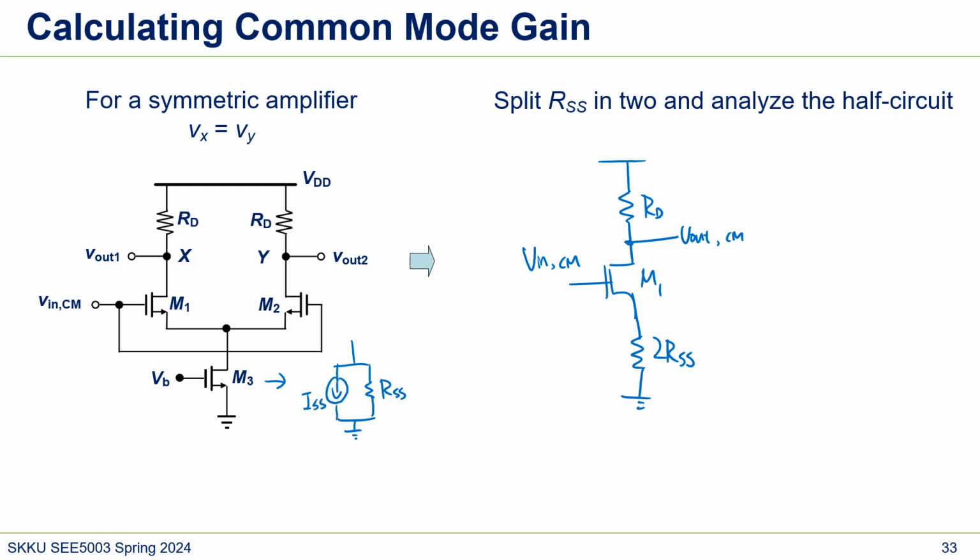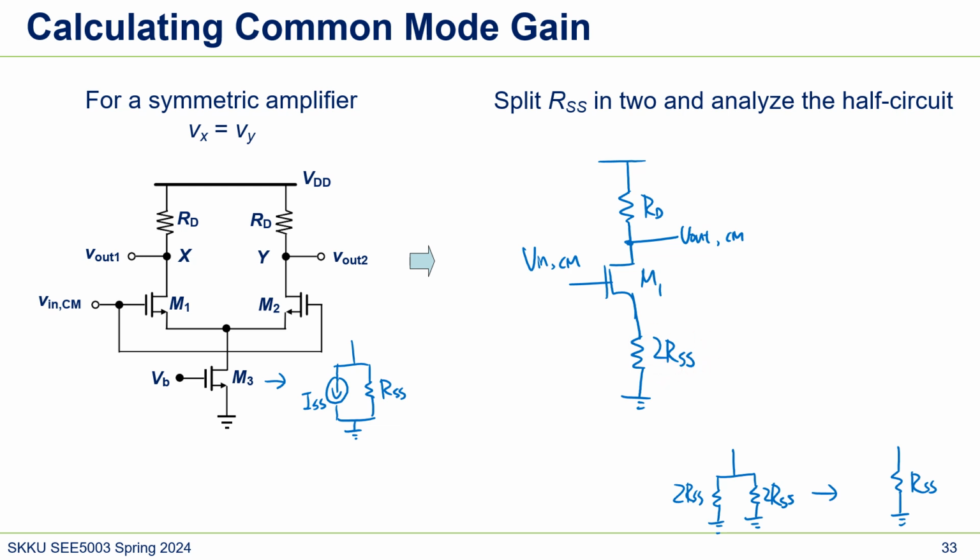The reason why we multiply by 2 is that if we merge the two of them, there will be two parallel paths to RSS. This is a parallel connection, and it turns out equivalent to RSS. That's why we multiply by 2 here.